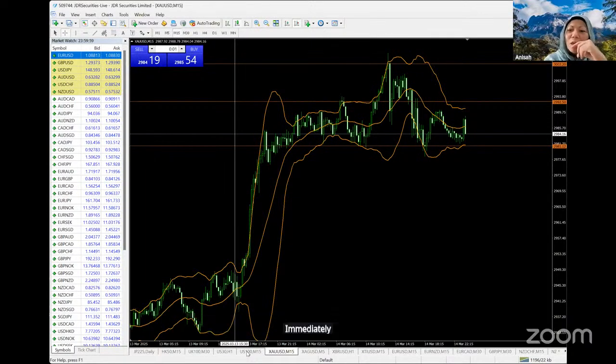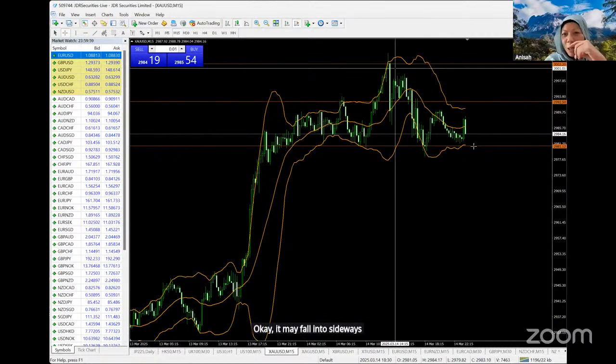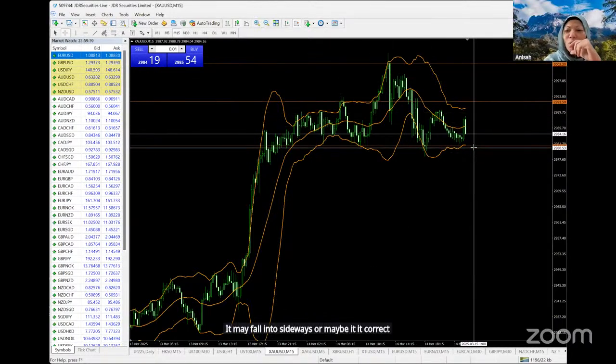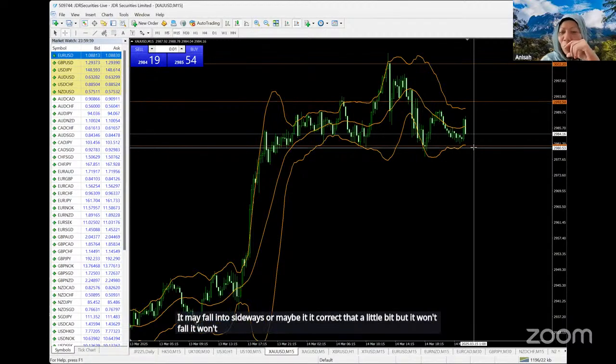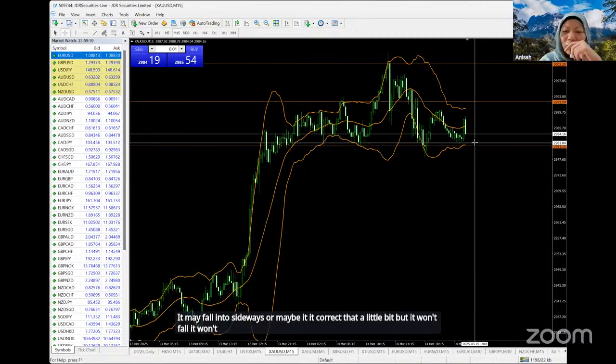So do I see the gold price drop? No. It may fall into sideways, or maybe correct a little bit, but it wouldn't take a drastic drop.